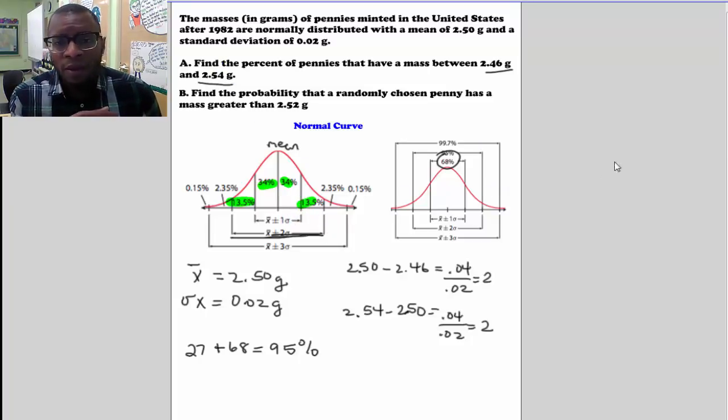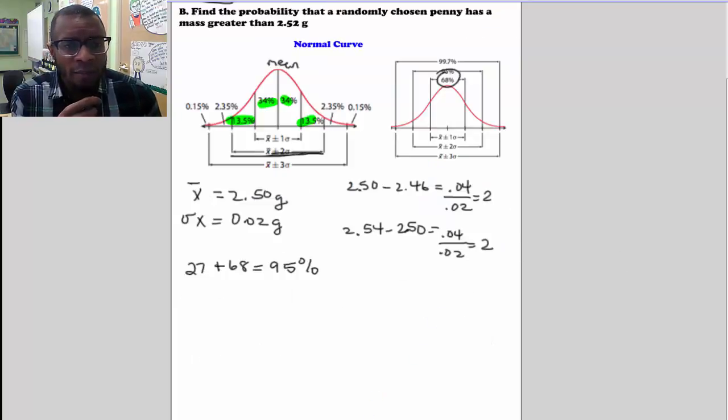Okay, now what we want to do next is find the probability that a randomly chosen penny has a mass greater than 2.52 grams. So the first thing we want to do for B is find out how many standard deviations away from the mean 2.52 grams is.